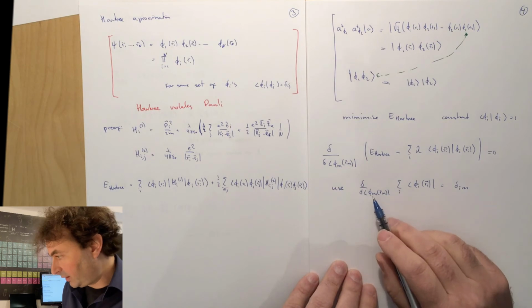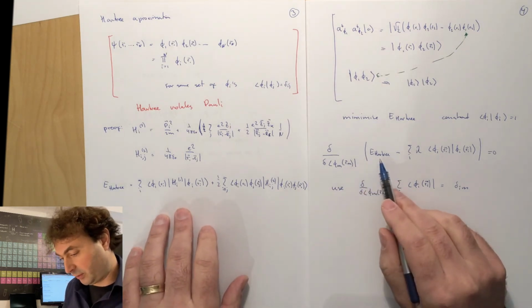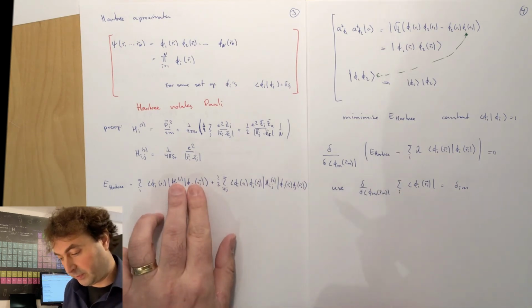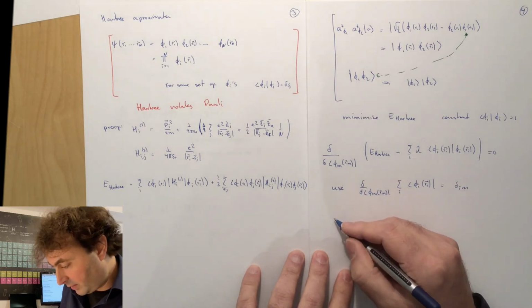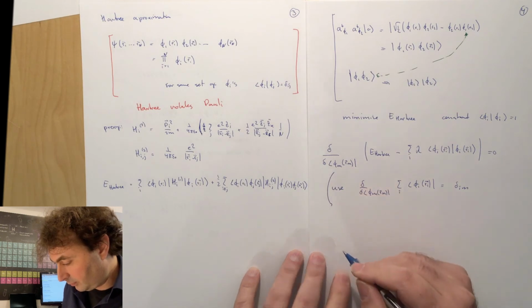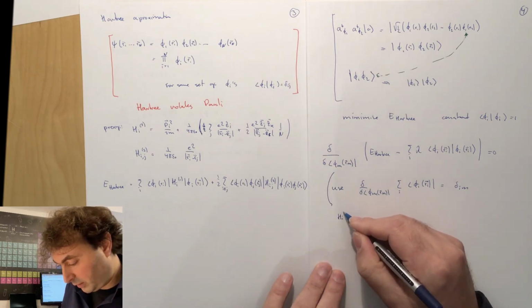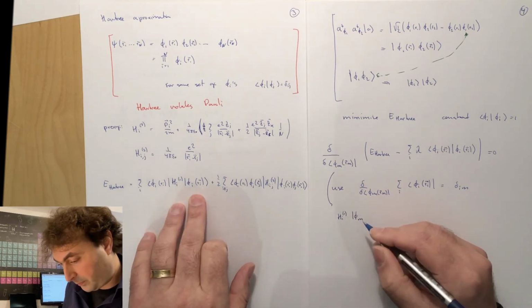So if we now take that partial derivative or that functional derivative of the Hartree energy, then we first of all find that we have our h1 term in there. So this is the one particle Hamiltonian acting on state m.